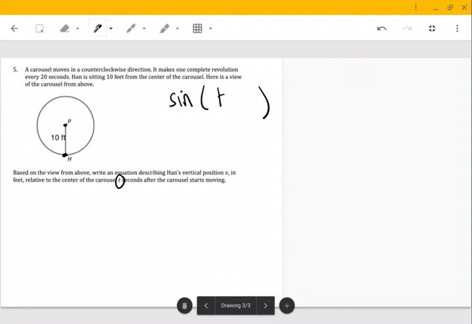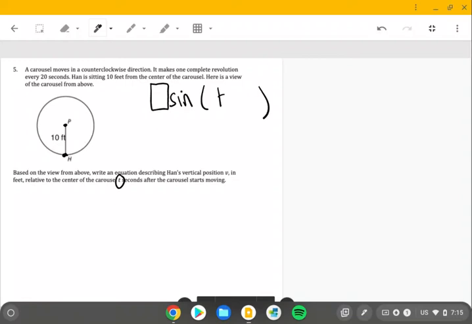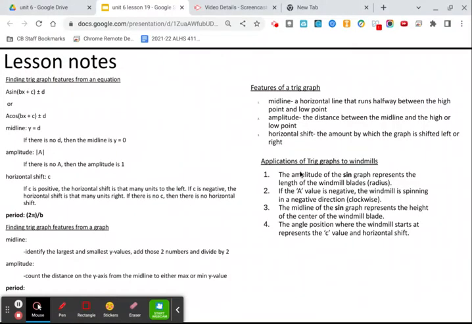So let's start with this number right here, the number that goes directly in front of, in this case, sine. It is the a value, which is the amplitude. And we know that the amplitude of the sine graph represents the length of the windmill blade, or in this case, the radius of the carousel.